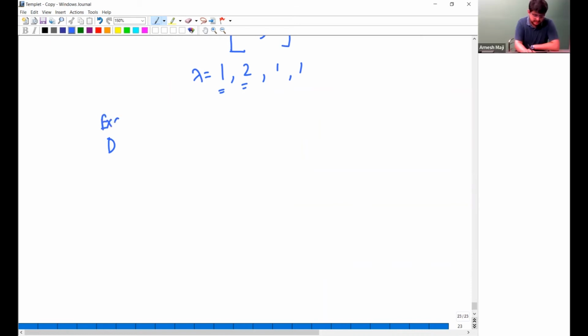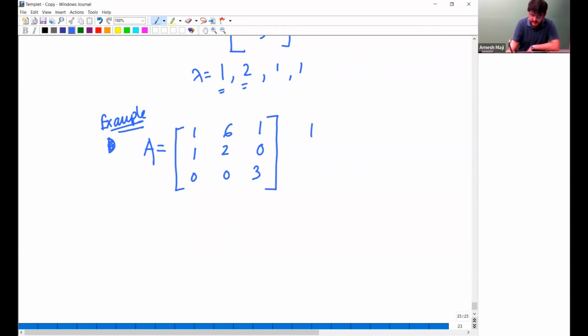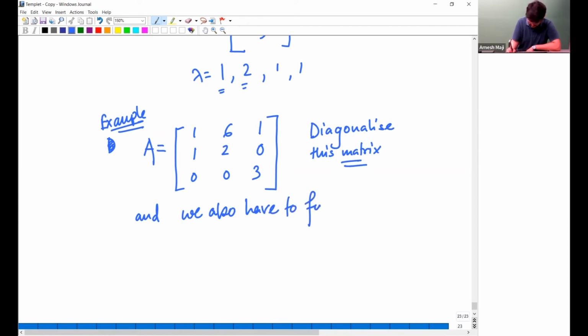So this is the next example. We have to diagonalize this matrix A, and we also have to find A raised to the power 8.